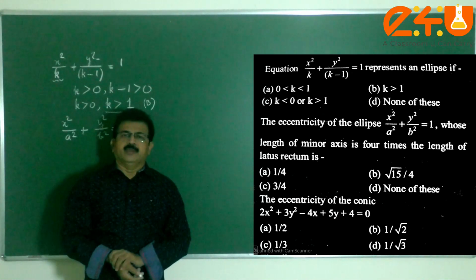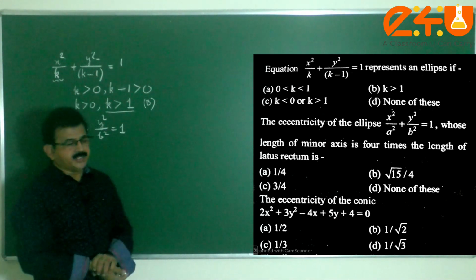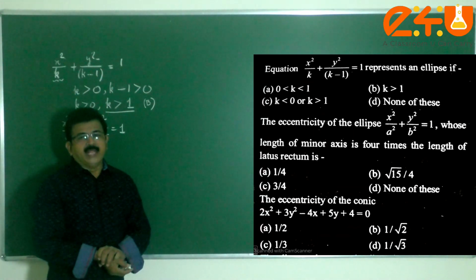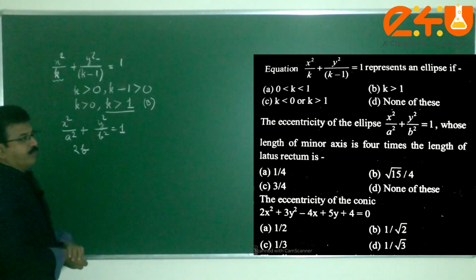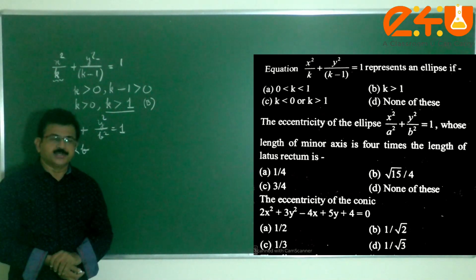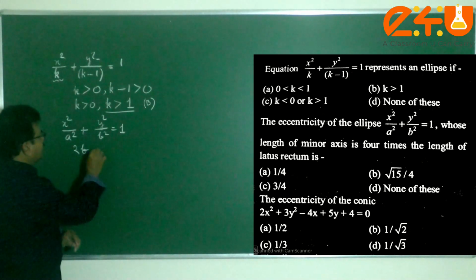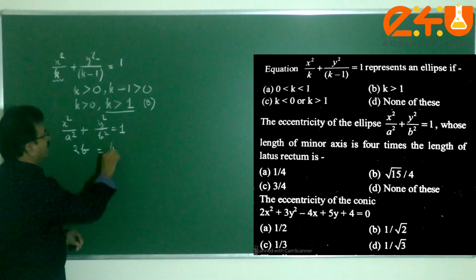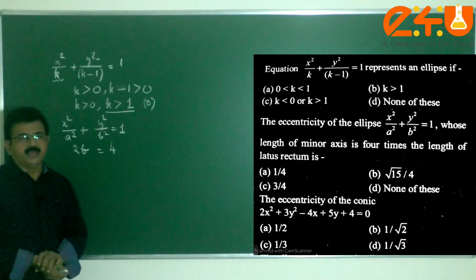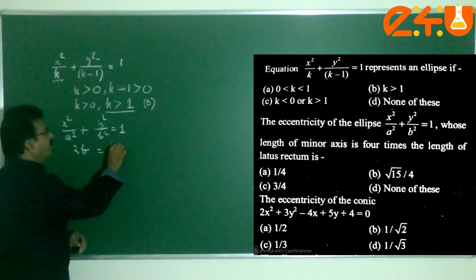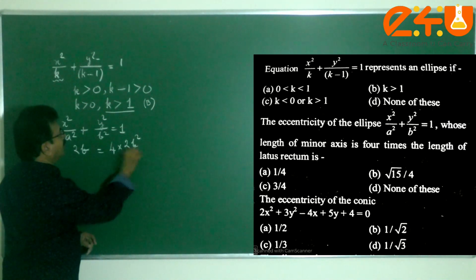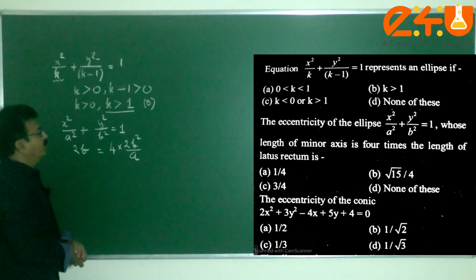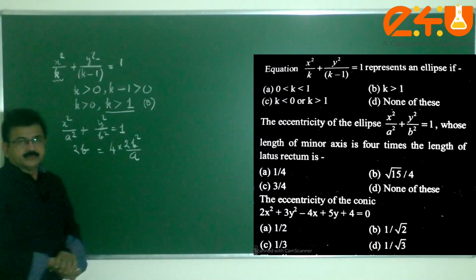Some clue is given: the length of the minor axis, which in symbol is 2b, is 4 times the length of the latus rectum, which for both ellipse and hyperbola is 2b square by a.